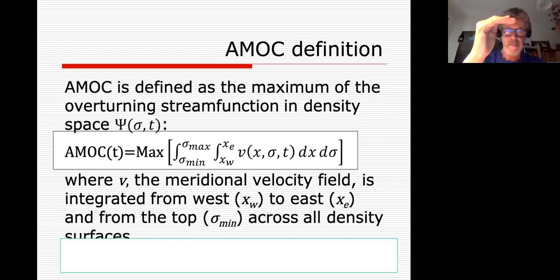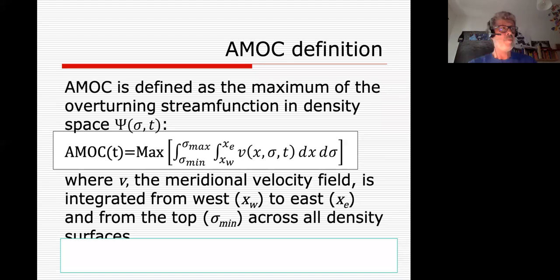Minimum density, maximum density. Sigma here means the density anomaly, which is quite a useful way to identify density, because density has variability which is quite limited compared to the absolute value.